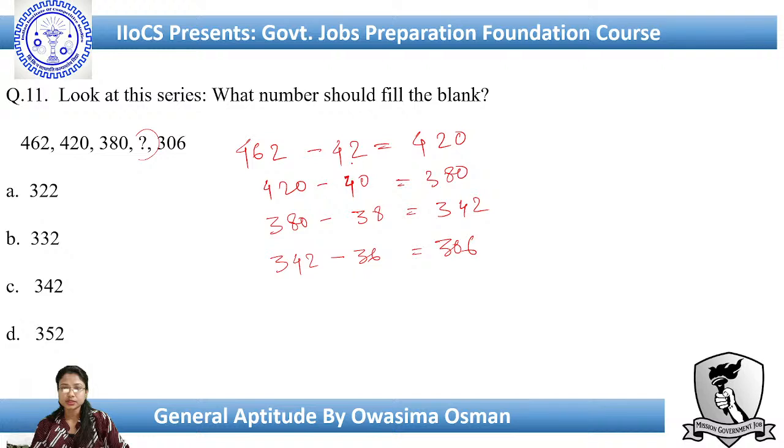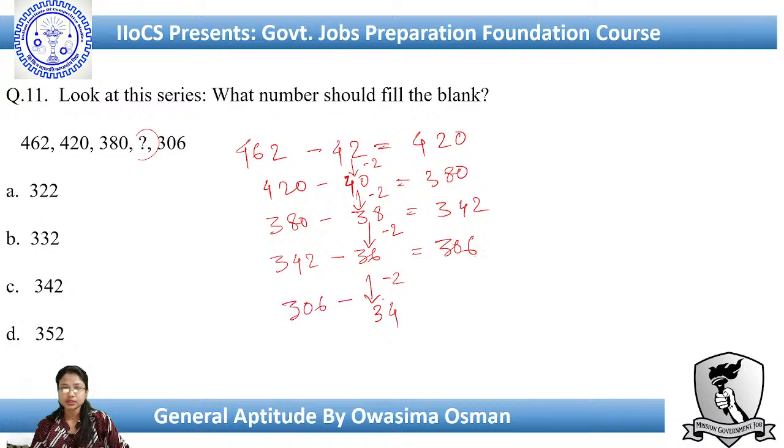That is, 40 is less by 2 than 42, 38 is less by 2 than 40, 36 is less by 2 than 38. So our next subtract value will be 36 minus 2, that is 34, and we would subtract this value from 306.